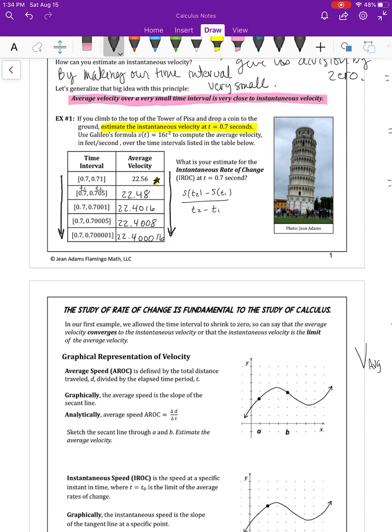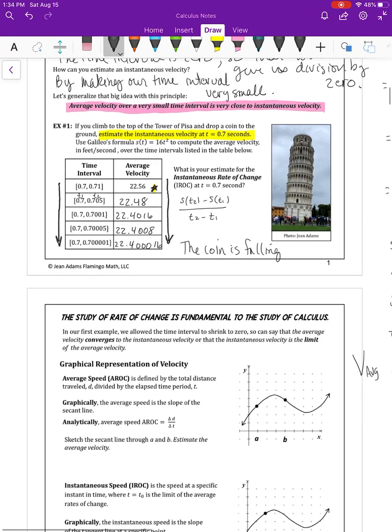I think you would. So remember, when we are writing on the AP exam and they want you to write a response to a word problem like this, they want you to look at the exact word problem. You wouldn't just say that the estimate for instantaneous velocity is 22.4 feet per second.